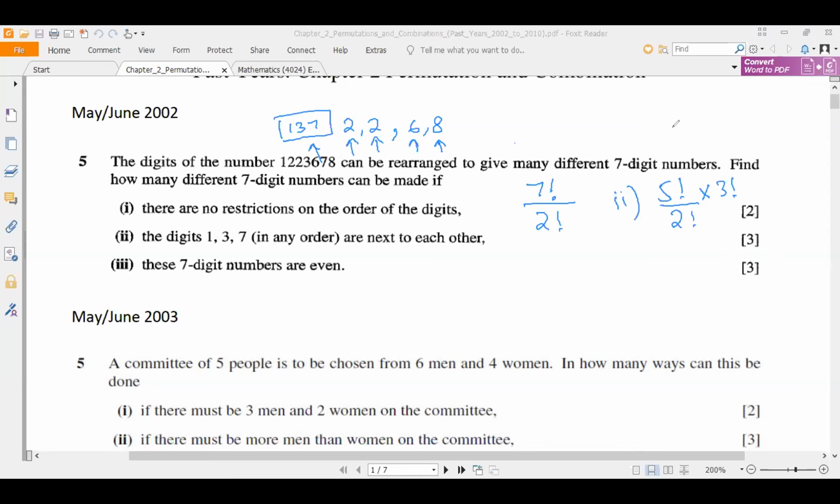If you want to find the total numbers using all these 7 digits and they are even as well, how will you do it? The hint is: to make an even number, the last digit should be even. The last place should be 2, 6 or 8. So the last digit cannot be anything other than 2, 6 and 8.